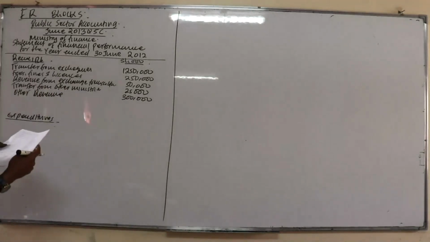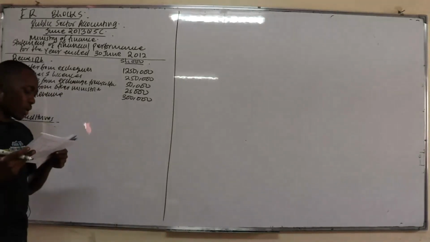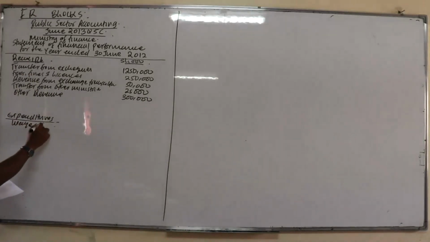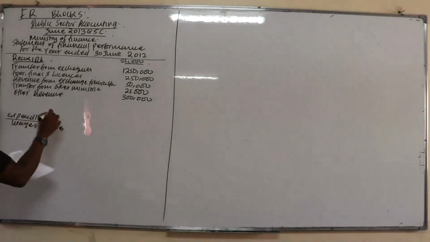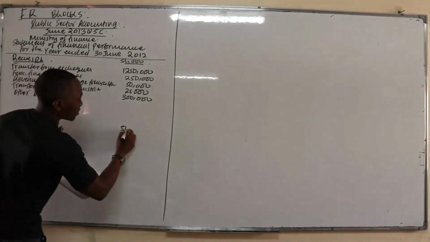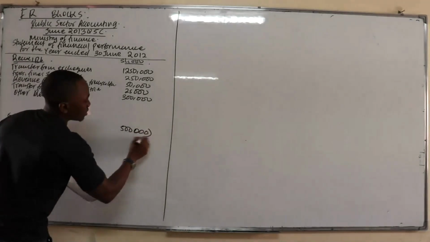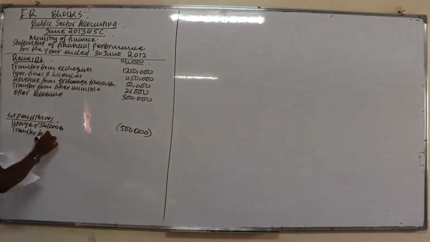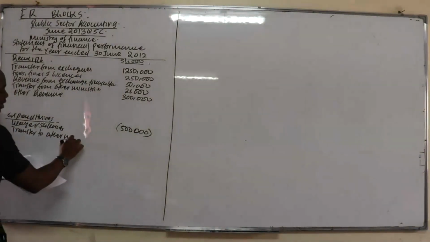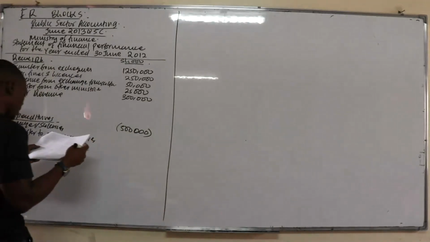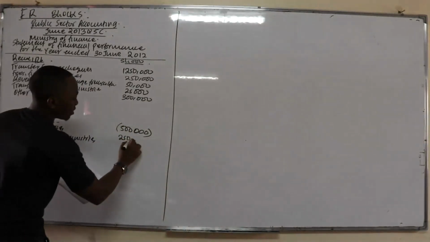Payable is liability, land and building, computer equipment, wages and salaries. Those are the expenses. Wages and salaries, an amount of 500,000. Transfer to other ministries, an amount of 250.